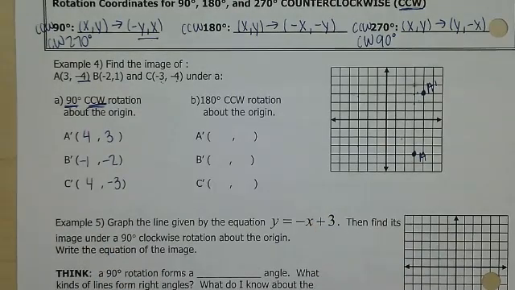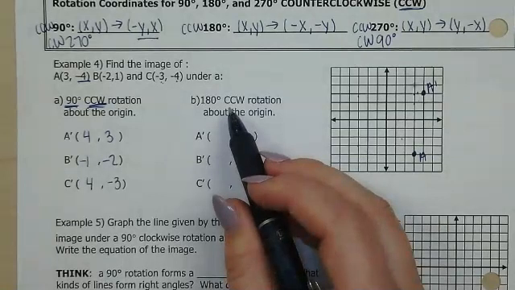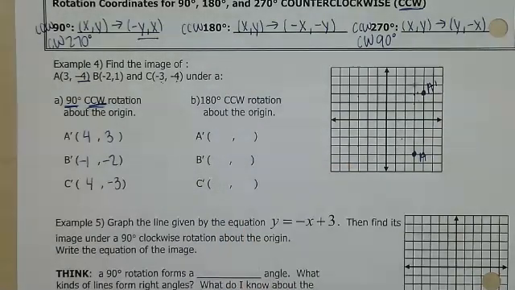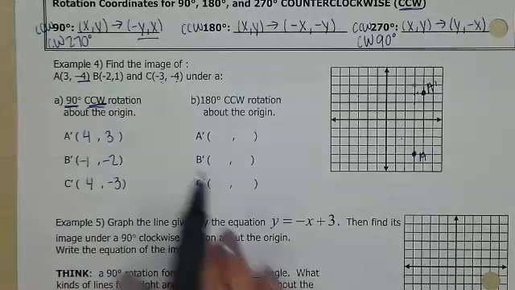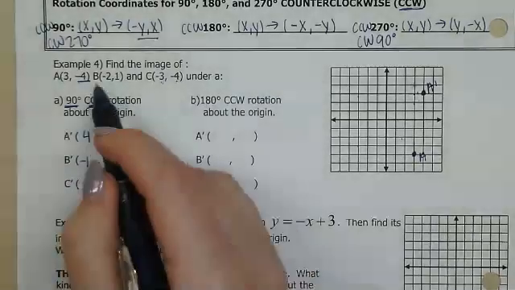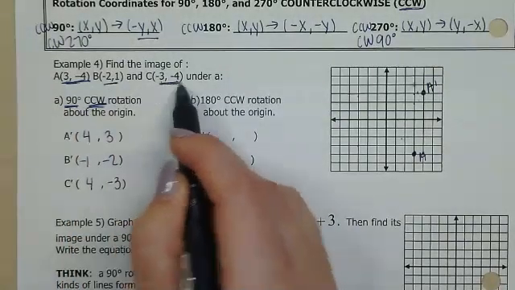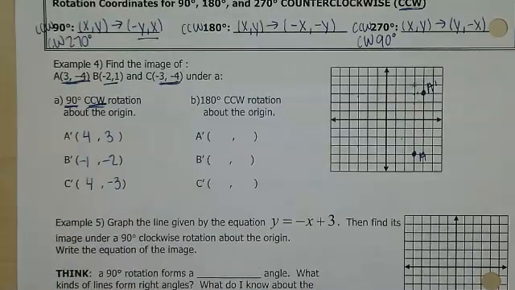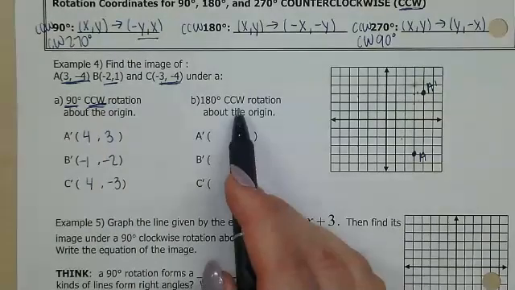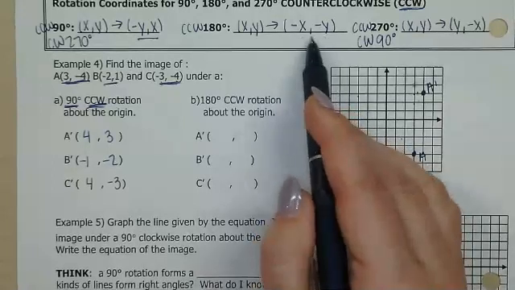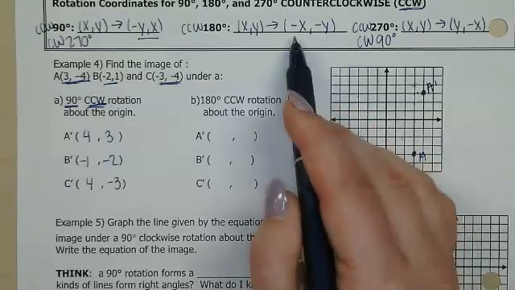Okay. All right, these say I'm going to go counterclockwise about the origin. Okay, so it did not say to translate on top of A, so I'm going to go back to my original points up here. Okay, so I'm looking at the original A, B, and C. A counterclockwise rotation or clockwise rotation of 180 says all I'm going to do for my rule is change their signs, right?